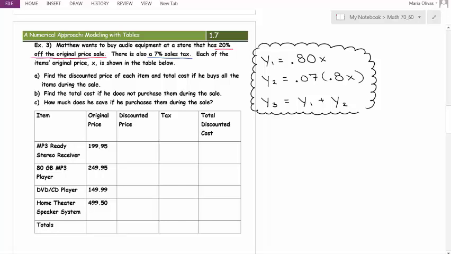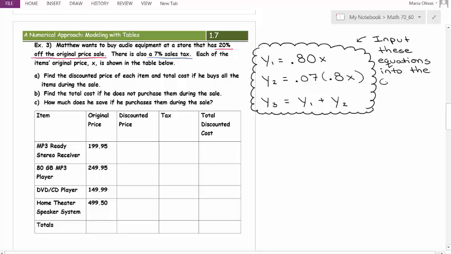So right now is a good time to start getting your graphing calculators out, and we're going to start setting that up. Okay, so I'm just going to write here, input these equations into the graphing calculator.